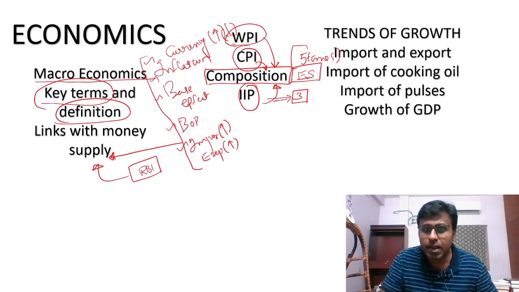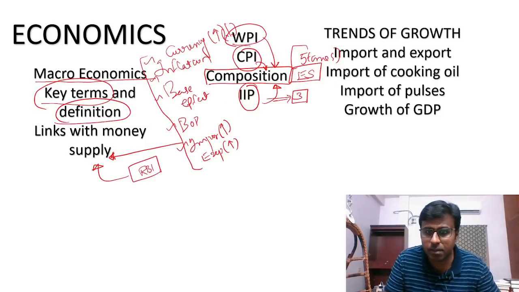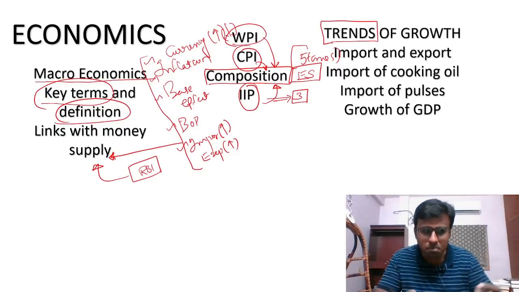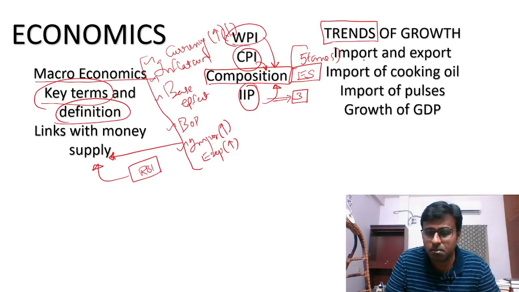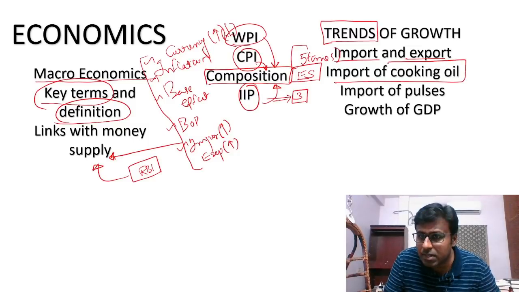Next, and see again, whatever we have learnt, WPI, CPI, IIP, what you have to see is the trends. So just chumma check in some newspaper, import export. So import of cooking oil, what is the trend? Import of pulses, what is the trend?